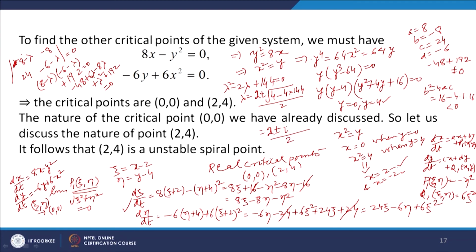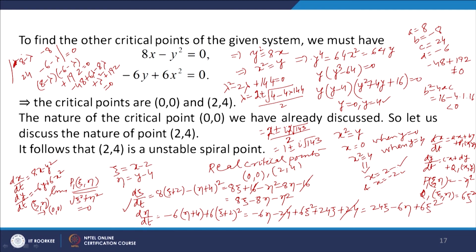Here what will we get? We can take 4 common. So, we will get 2 here and then under root 143. So, this 2 will cancel and we will get 1 plus minus i square root 143. So, the 2 eigenvalues are conjugate complex, alpha plus minus i beta, alpha is positive, it is 1.